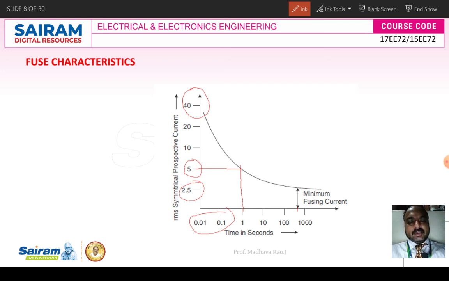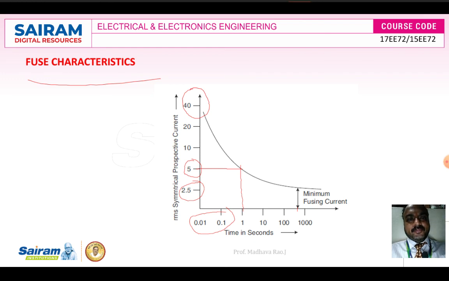So what we can conclude here: when the current is higher, the time taken for fusing is less. When the current is less, the time taken for the fuse is more. So this is one of the important characteristics of fuse.